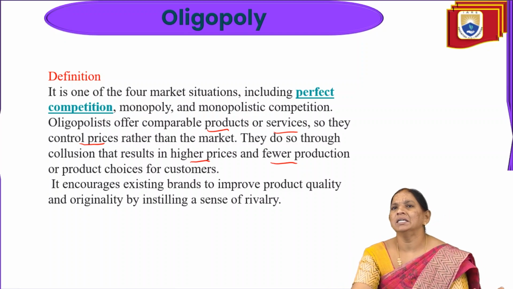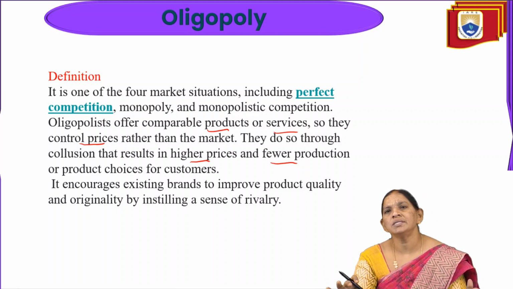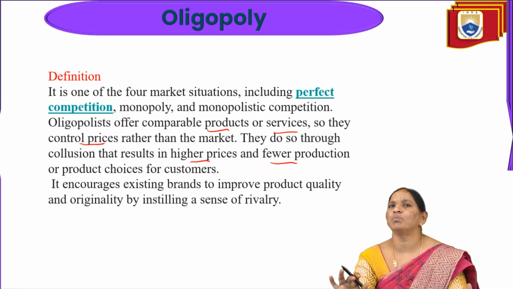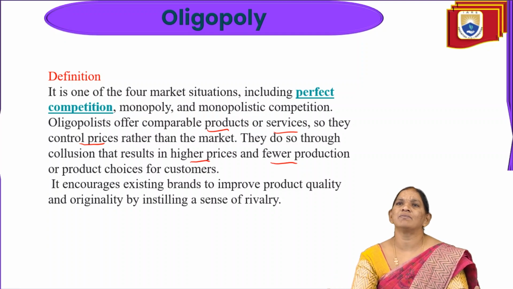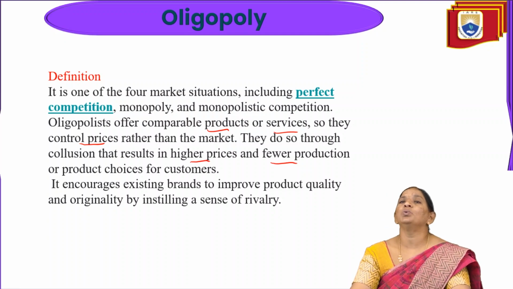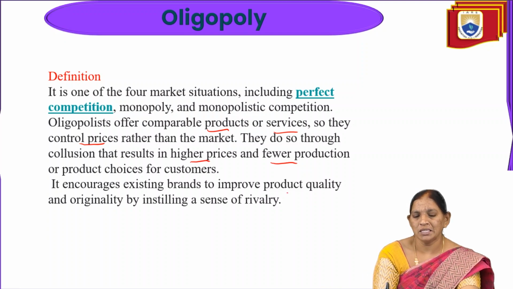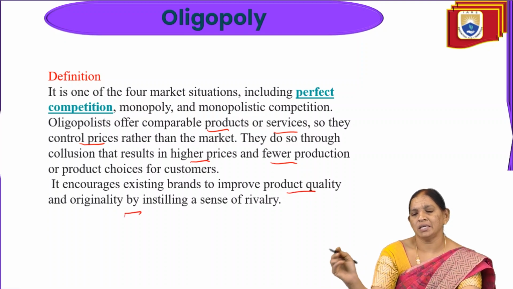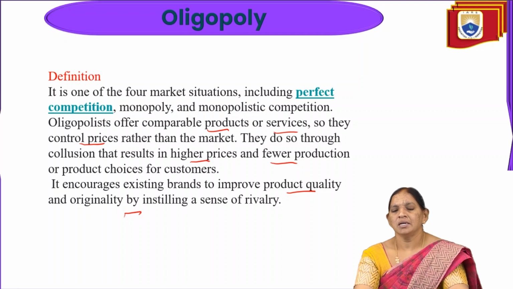Like that, the choice of the customer is also one of the important factors in defining oligopoly. It also encourages the existing brands to improve the product quality or originality by insisting on a sense of rivalry.